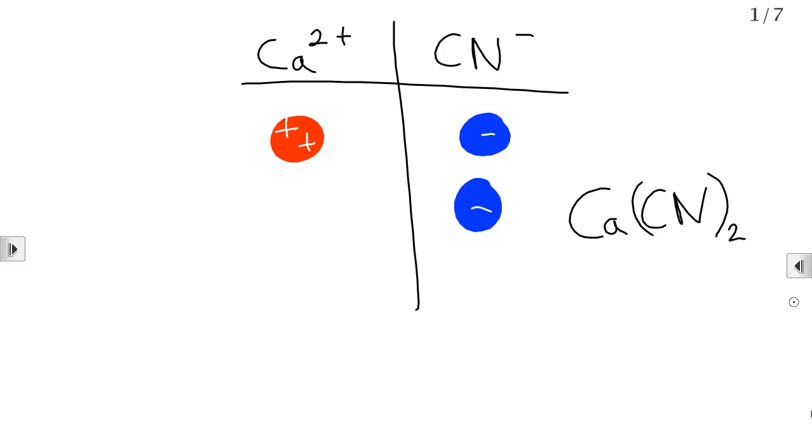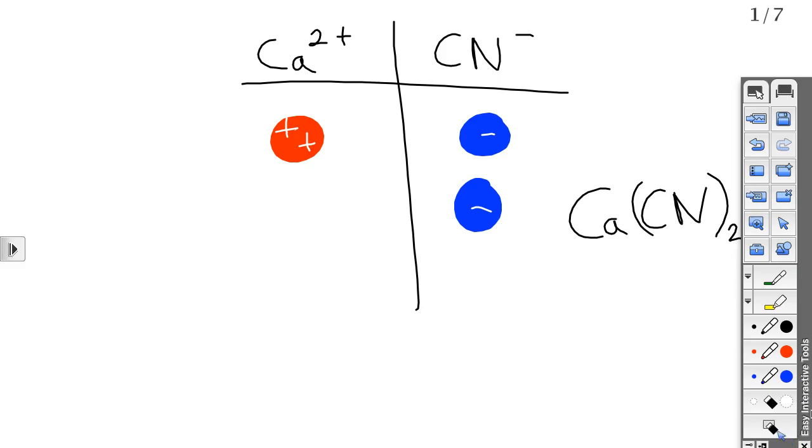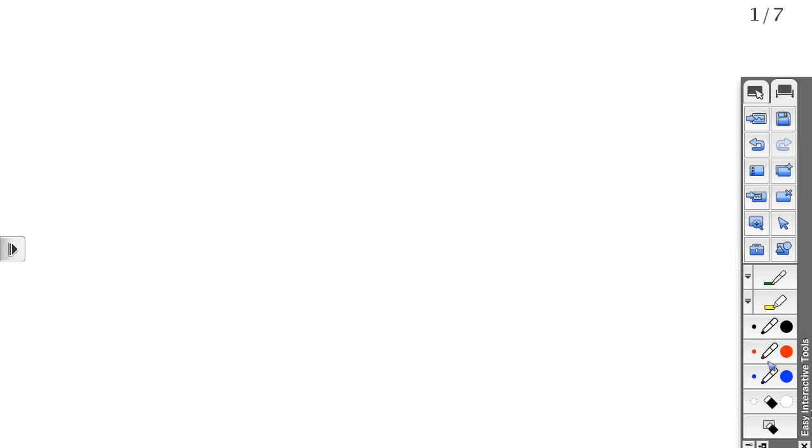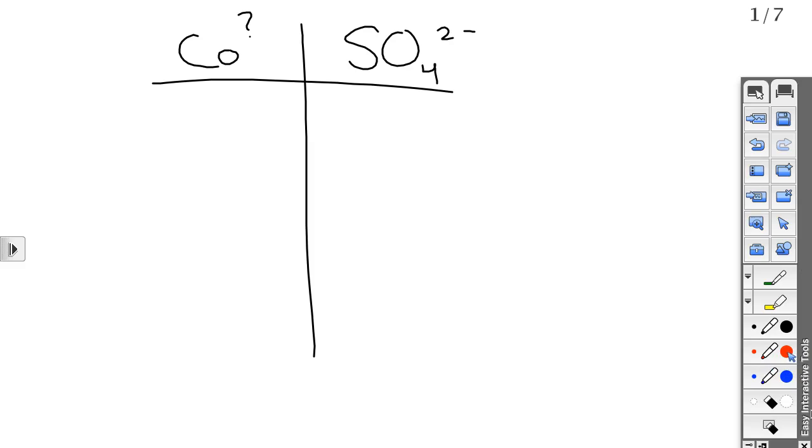So number 14, that compound there, is cobalt in the D block? Yes, it is. So with this one here, I don't know the charge of cobalt. That's the issue. And then I know the charge of sulfate. Now, if I'm going to draw my ions up here, how many cobalts am I going to draw?